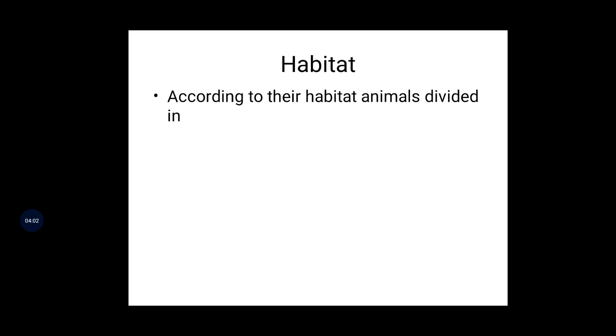According to their habitat, animals are divided into how many categories? Five major categories. You already know this because you learned it in lower classes. Okay? According to their habitat, animals divide into five major groups. What are they? I'm going to discuss.